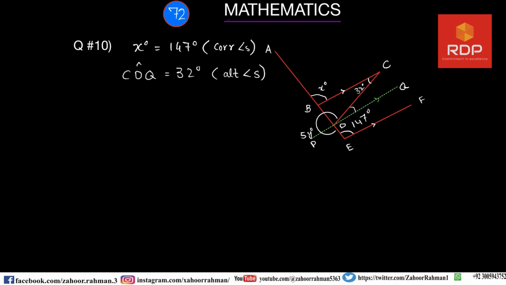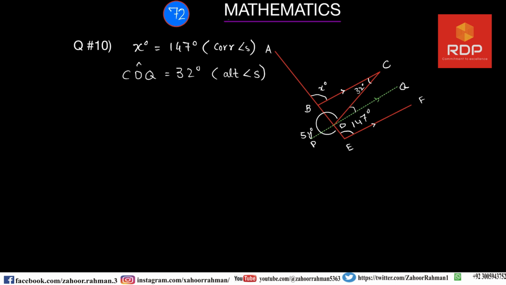So this 32 will be equal to this because this line is parallel to this line. That is why we are going to use the alternate angles. Okay, one part has been found.